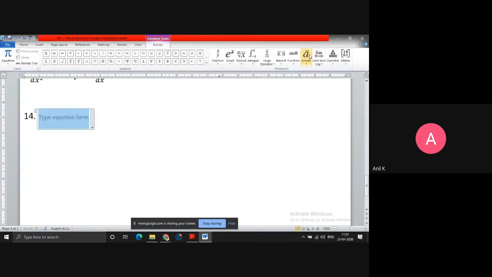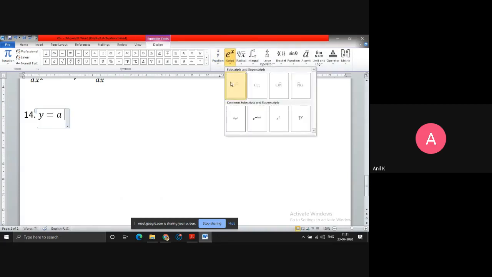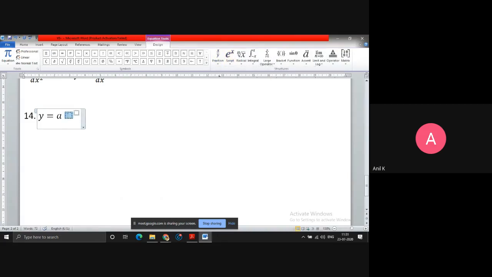So let me take the given thing is y equals to, let me take small letter instead of capital letter for typing easy purpose, a into e to the power of mx plus b into e to the power of nx.